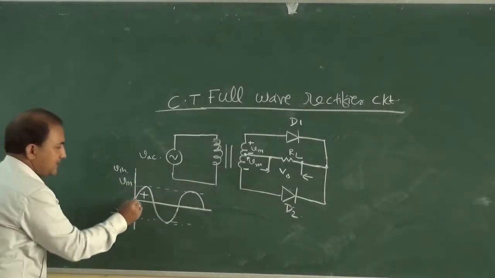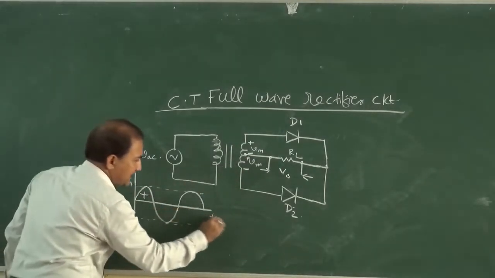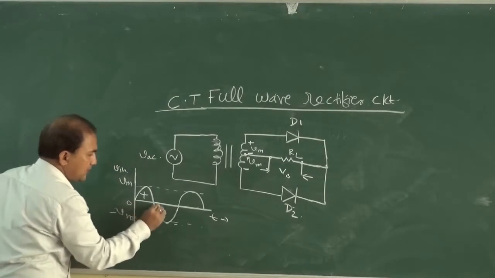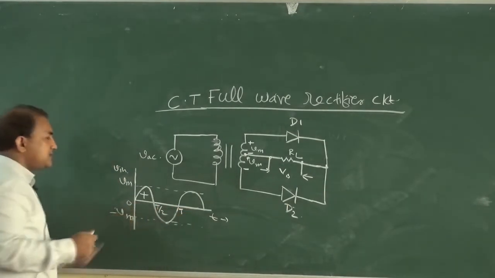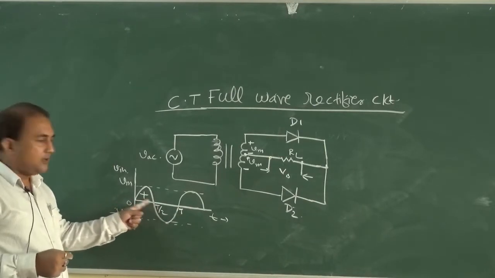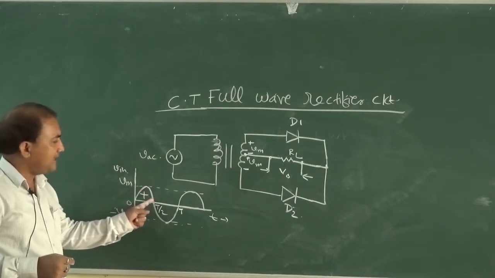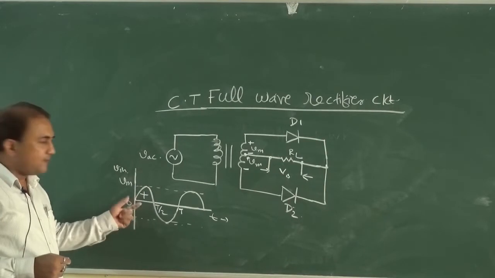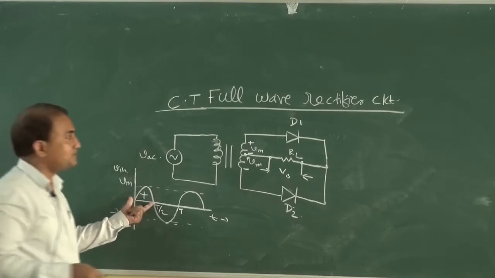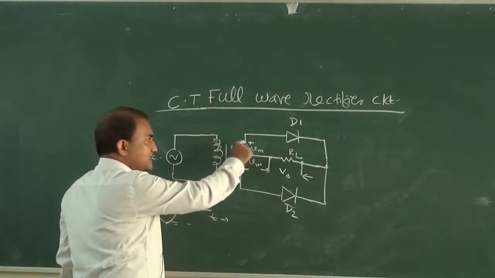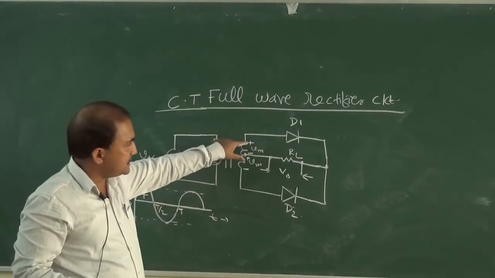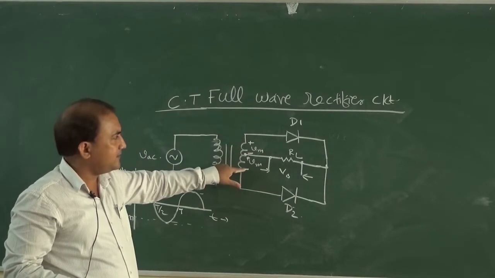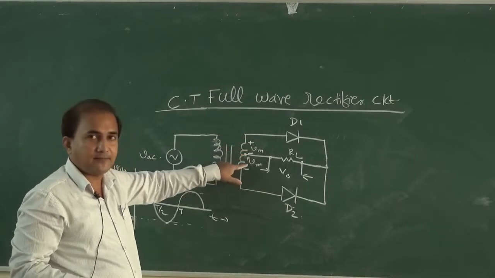During the positive half cycle, from 0 to T by 2, where this is T, the polarity across the secondary of the transformer will be positive, negative, positive, negative.